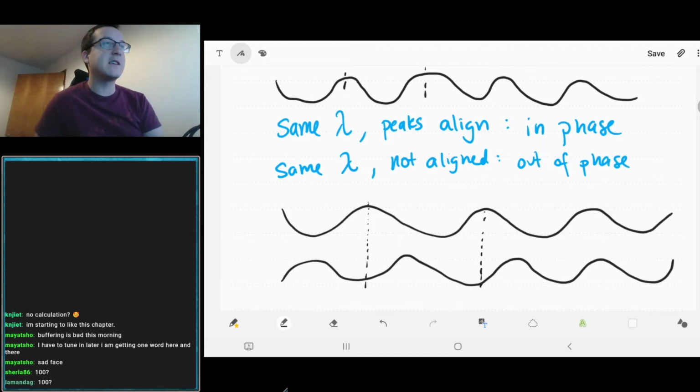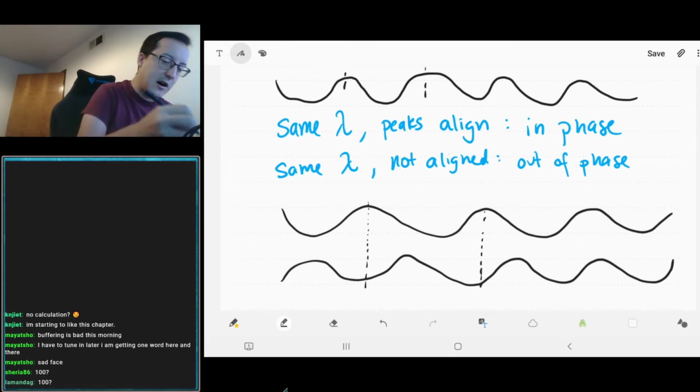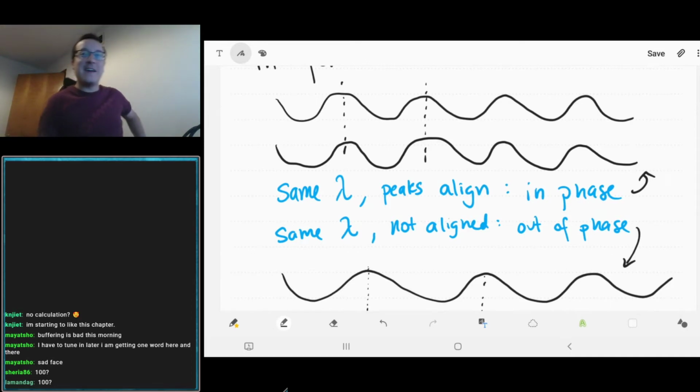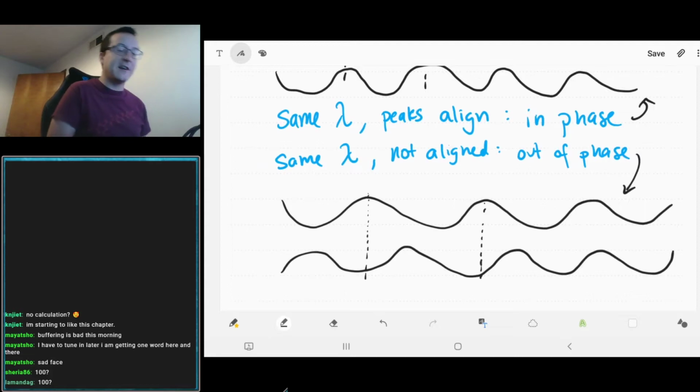Well, when that first one is at its peak area, the second one is not at its highest point. It's somewhere else. So this second one is, in this case, actually quite low. So these waves are out of phase, whereas the ones upstairs, up on the top, were in phase. If they are not aligned, they are out of phase.